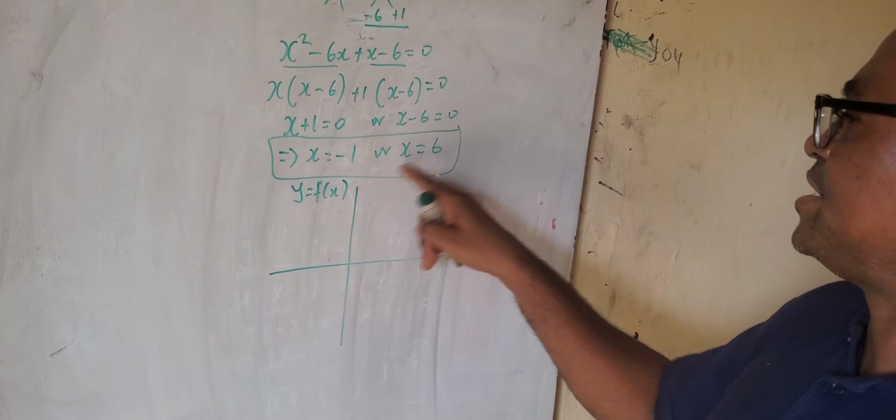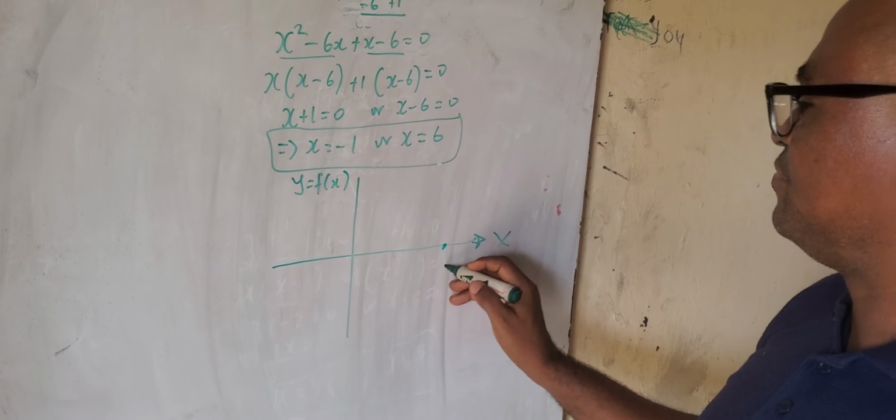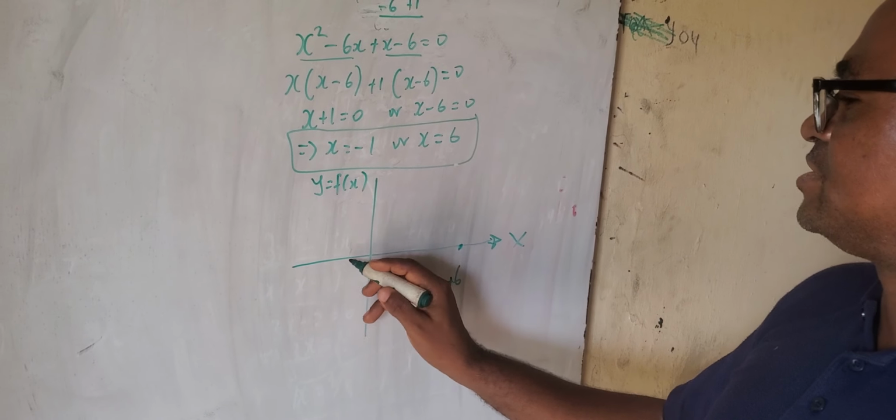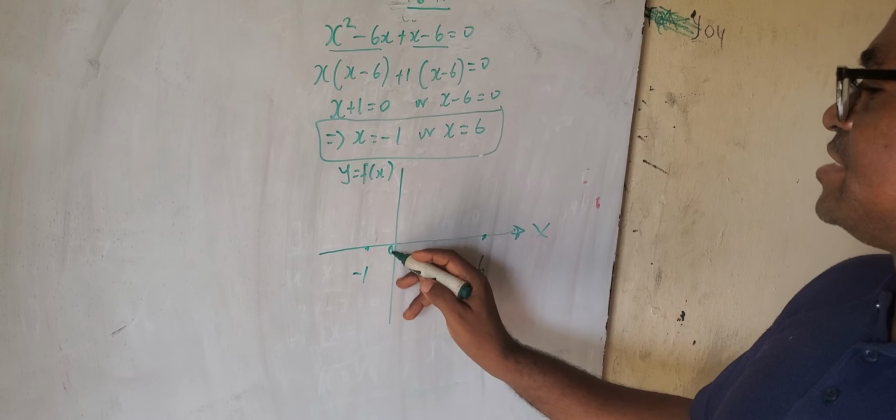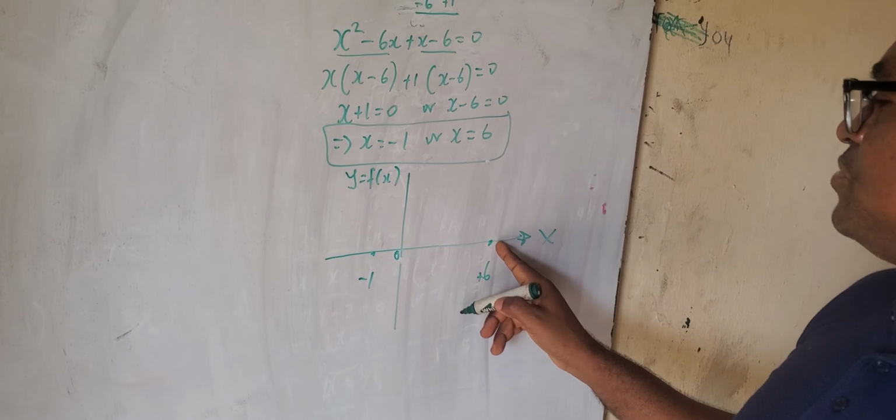So we put this point on the x-axis. This plus 6 will be to this side of the graph, and this minus 1 is to this side. You can see the approximate distances from 0. This one is further from 0 compared to this.